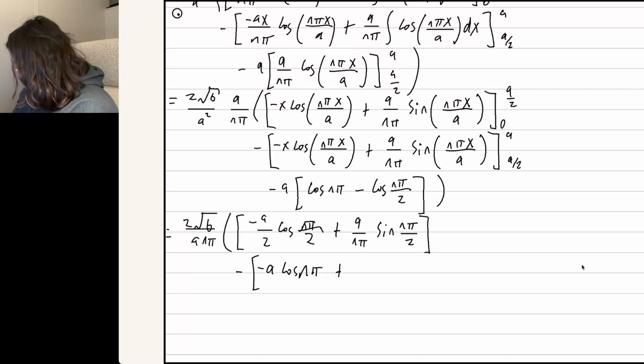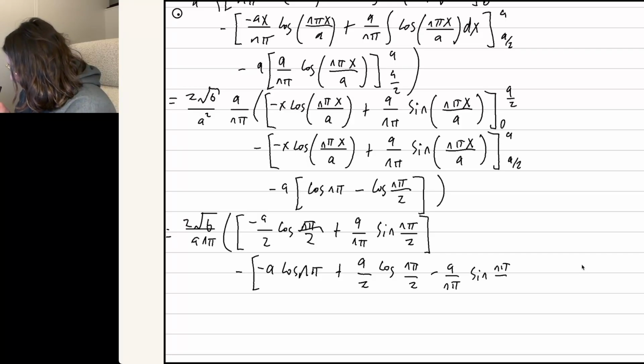And then we're throwing in an a over 2 cosine n pi over 2, and a minus a over n pi sine n pi over 2.